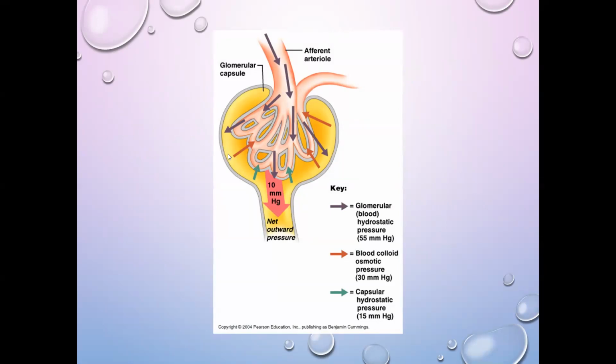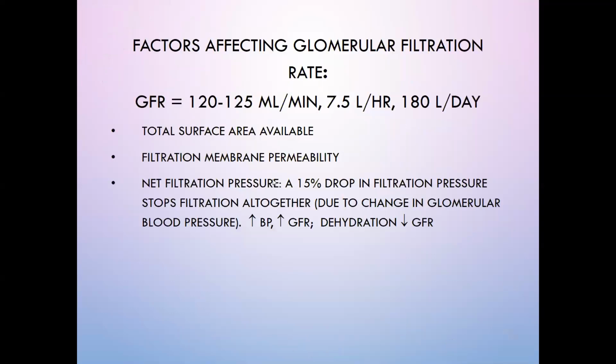And then this orange colored arrow is what's drawing the water back into the glomerulus due to the presence of albumin. So here's just some numbers. This would give you a net filtration pressure of 10 right here, because you would add 30 and 15 and then subtract it from 55. So 55 minus 45 gives you 10.